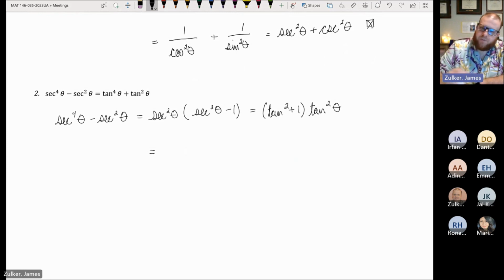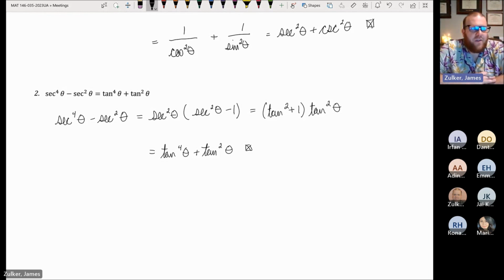Now distribute that tangent squared through. You get tangent to the fourth plus tangent squared. And so the identity is verified.